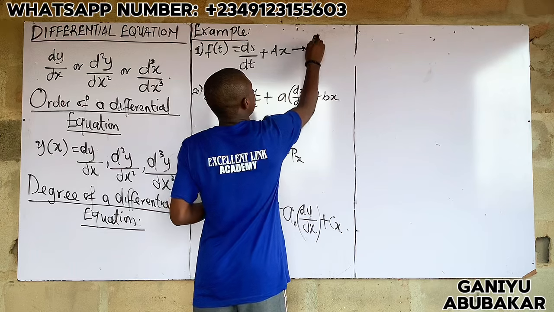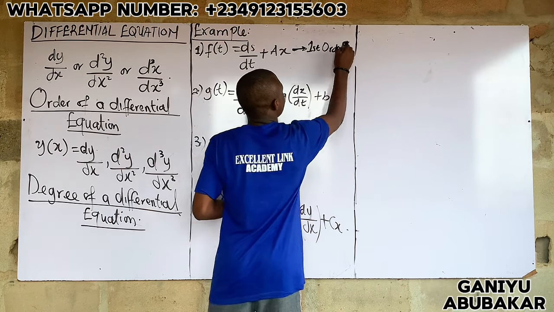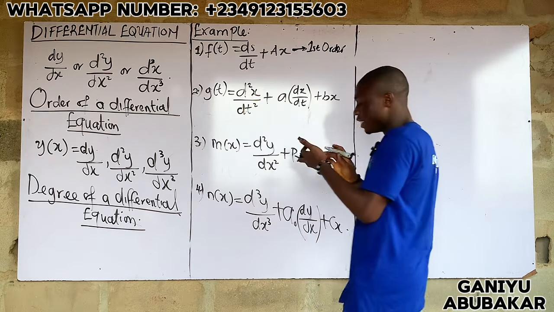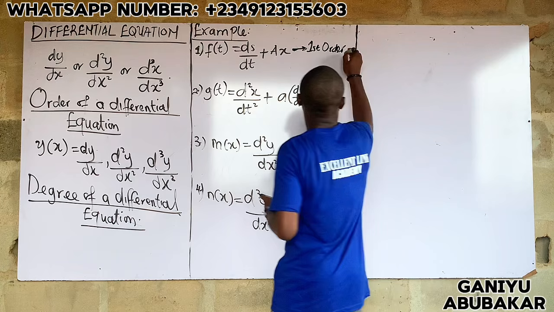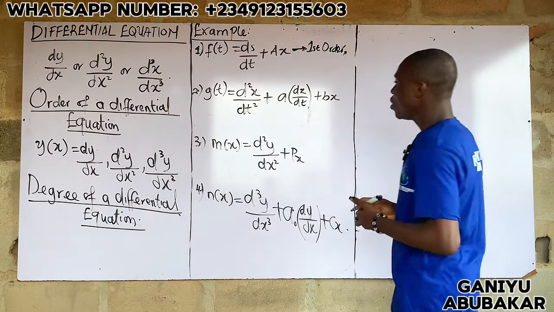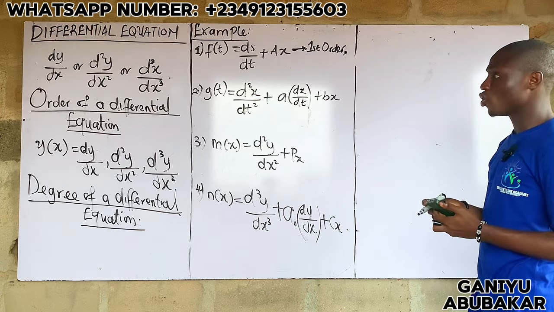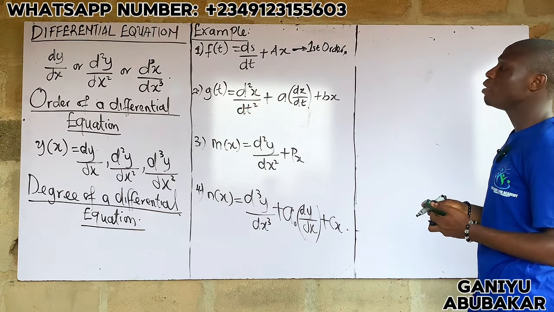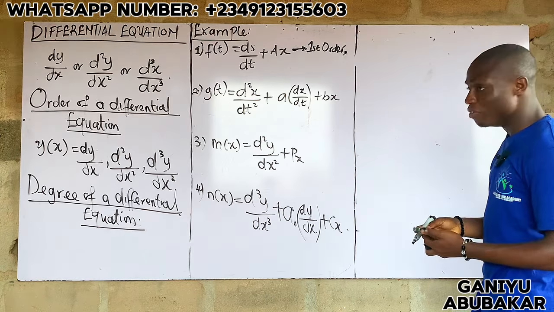So here in this question, I'll have first order. We said identify the order and degree. So this becomes first order. Let's consider degree. We said the degree of a differential equation is simply the power to which the differential coefficient is being raised.